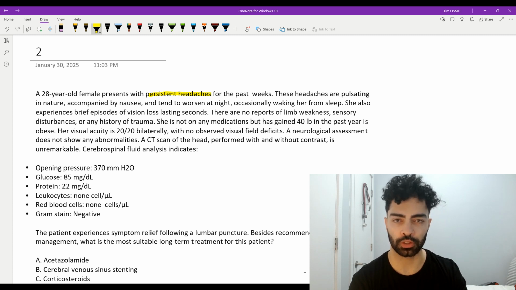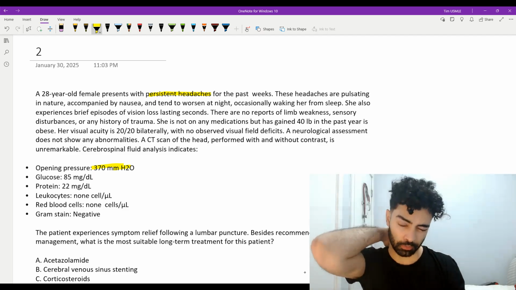Your SOAP notes, the objective, a big part of it aside from the physical exam is your labs and imaging. So here, the increased cranial pressure is definitely one of our other clinical features. Remember, we are choosing 3 clinical features at most.